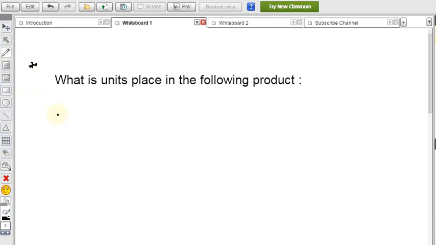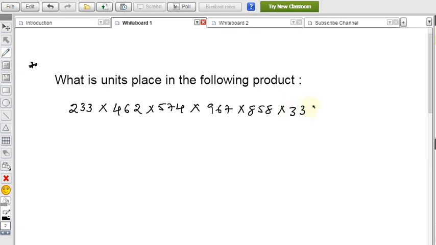That is 233 into 462, 574, 967, 858 and 339. If you multiply this whole number, what is the number in the units place? That is the question.